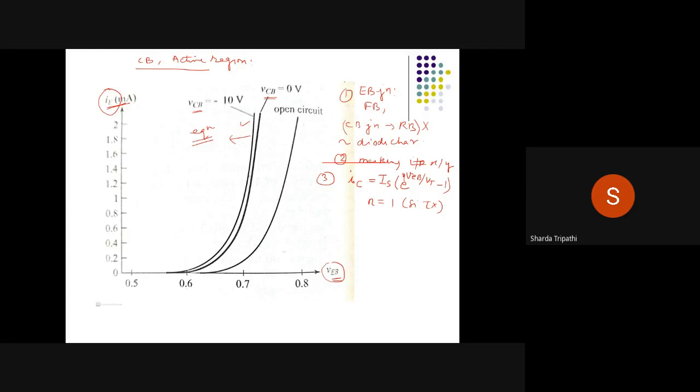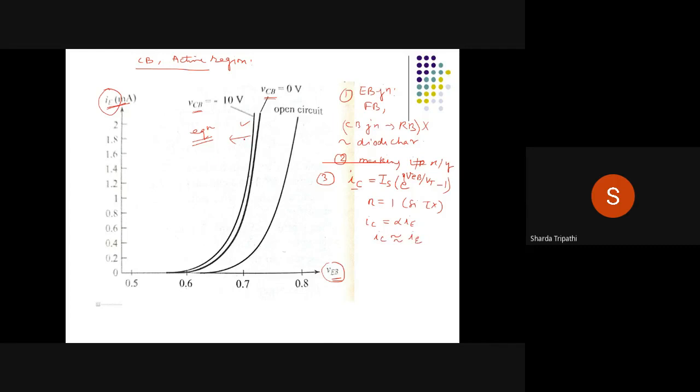And we also know the relation between the collector current and the emitter current. IC is equal to alpha times IE, where alpha is the large signal current gain and its value is also close to unity. So I can say that the collector current is approximately the same as the emitter current.